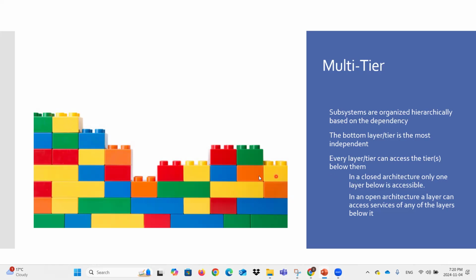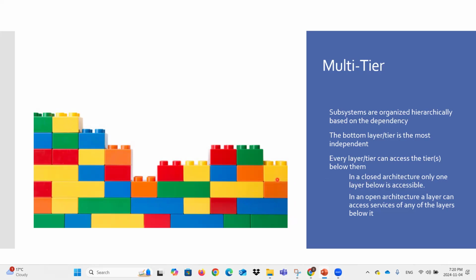Now you can have two styles. The first is closed architecture, which means that every layer can access only the one layer beneath it. So the third layer can only access the services or the classes provided by the second, and the second layer can only access the services or the classes provided by the first.